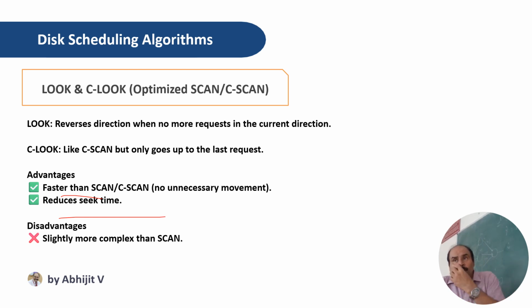So as I told you, the main objectives for these disk scheduling algorithms are to increase the throughput and reduce the seek time. So it's more complex, but still it is effective in reducing the seek time. Okay.